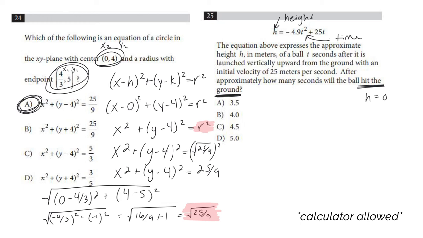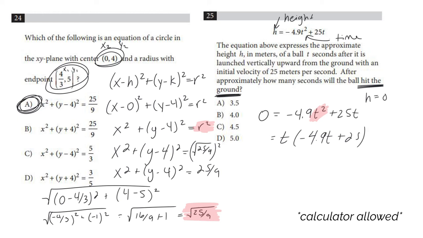So if I take this equation and I say 0 equals -4.9 t squared plus 25t, there are a couple ways you could solve it. If you remember the quadratic formula, you could use the quadratic formula. You could also think about the fact that there's 2 t's inside of t squared. And so we could rewrite this as t times -4.9t plus 25.